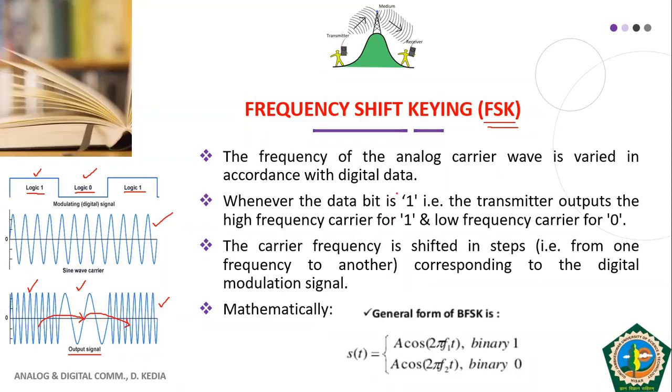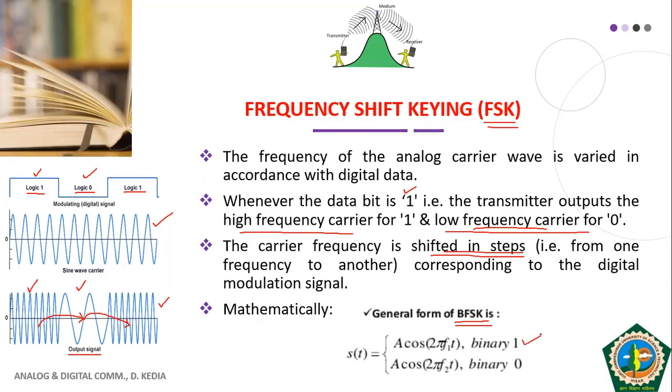Whenever my data bit is 1, my transmitter outputs a high frequency carrier, and when my data bit is 0, my transmitter outputs a low frequency carrier. Here you can see that my carrier frequency is shifted in steps, in 2 steps. That means I am using binary frequency shift keying, meaning my modulation symbol is represented with 1 bit at a time. So that's why I'm calling it binary FSK.